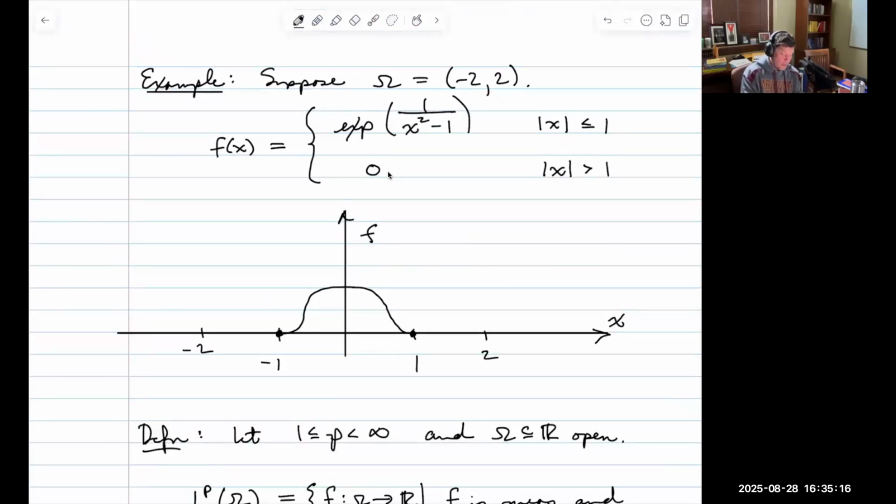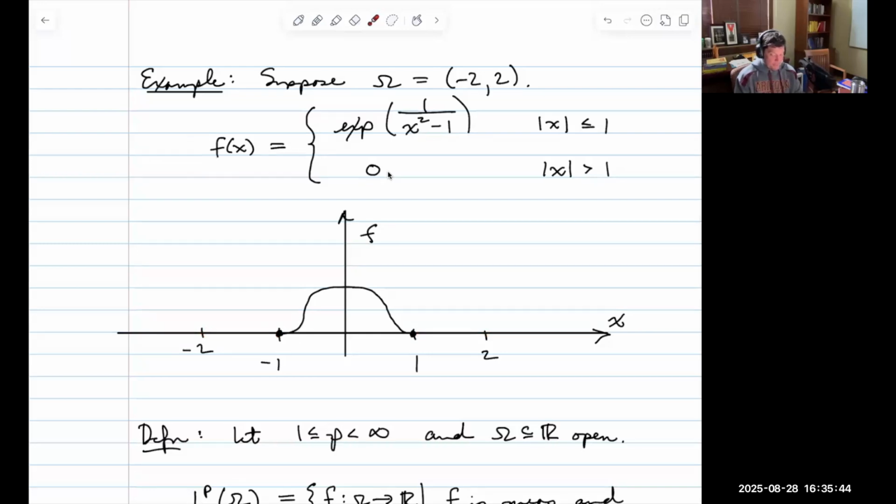Okay, so that's the interval in question. And now the function I'm going to define has stuff going on for x in absolute value less than or equal to 1. So I'm going to define this function as having something going on between -1 and 1. But for the absolute value of x greater than 0, I'm simply going to define that function to be 0. So it's always just going to be 0.